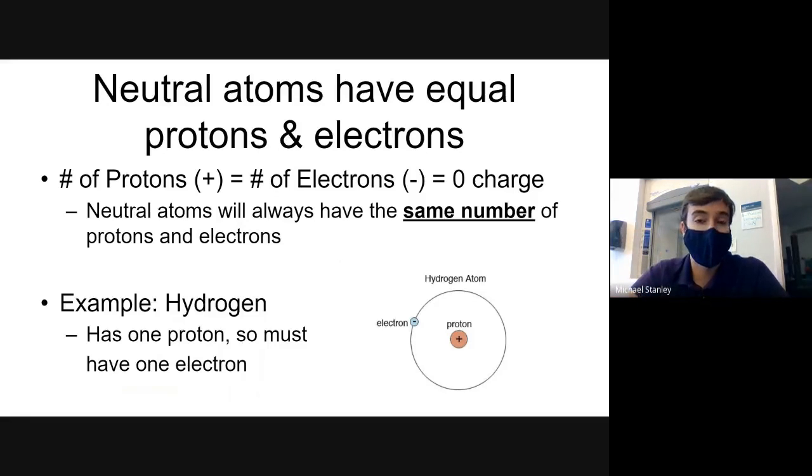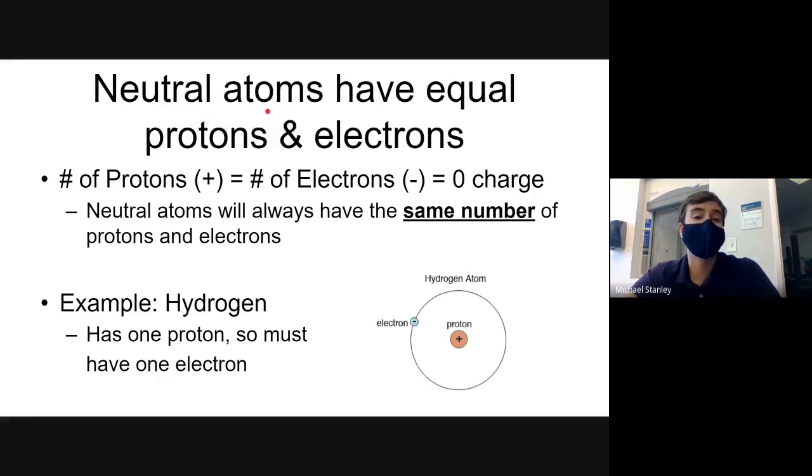The type of atoms that we're going to be dealing with in this class are called neutral atoms, meaning that they are balanced. What we mean by that is that they have an equal number of protons and electrons. Like I was saying earlier, protons are positively charged particles and electrons are negatively charged particles.